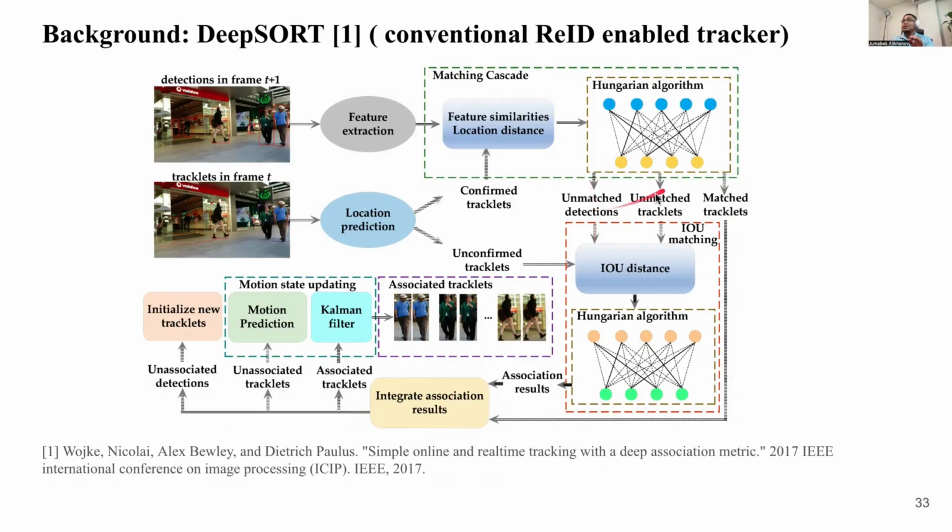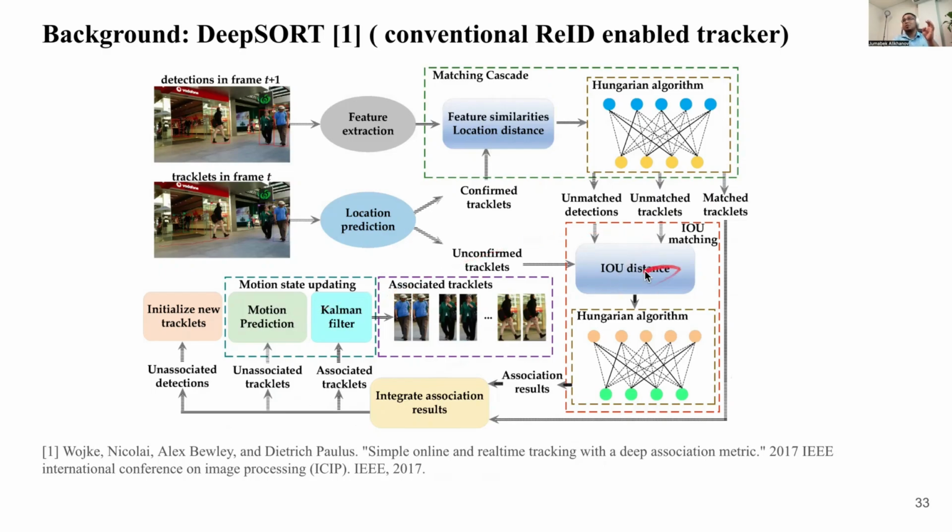But unmatched detections and tracks go through a second stage where IOU, intersection over union distance, measures their cost matrix, right? The cost matrix is computed based on how much they overlap with each other. So it's a spatial overlap, the current detection with the previous track's spatial location. And then they will be merged with motion.